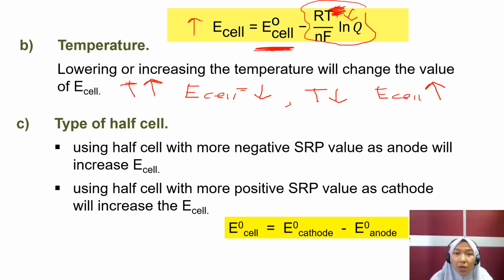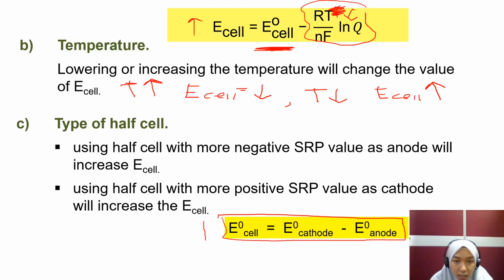In order to increase the E naught cell, the value of E naught cathode needs to be increased.